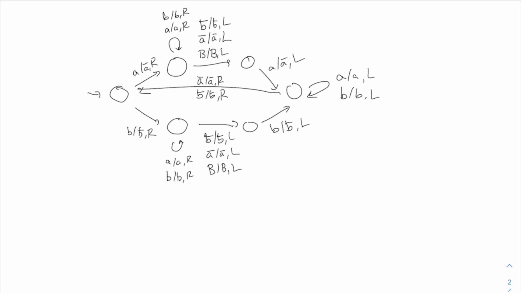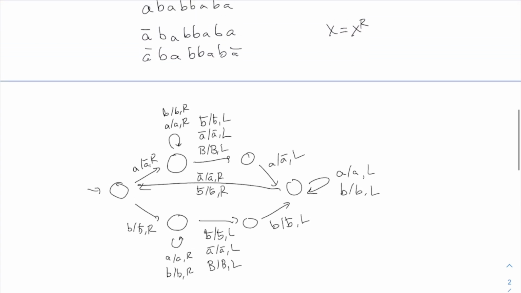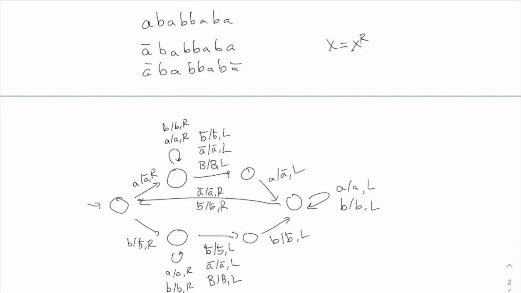All right. Okay, now we're not quite done because we have to say at what point the thing is accepted. And this is slightly tricky in this example because if you continue this process until the end, what you're going to end up with is everything marked. And actually, the head will end up in the middle somewhere, right?